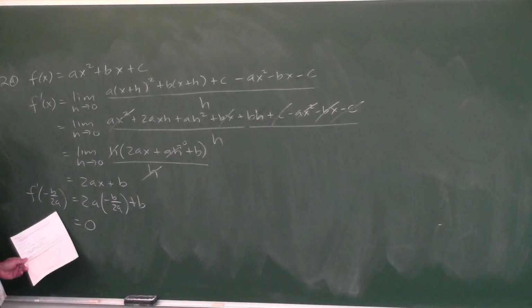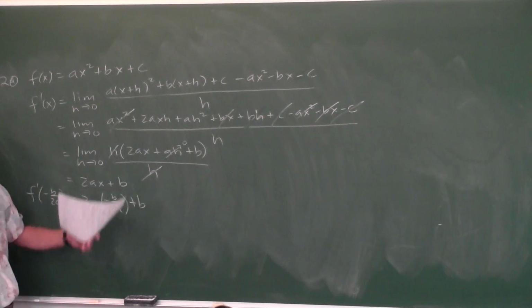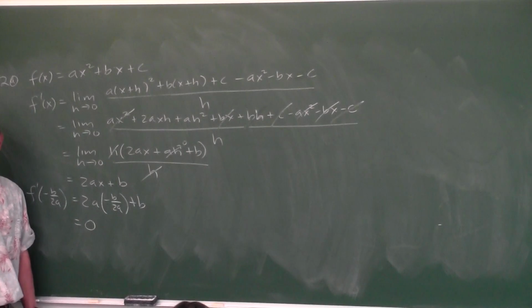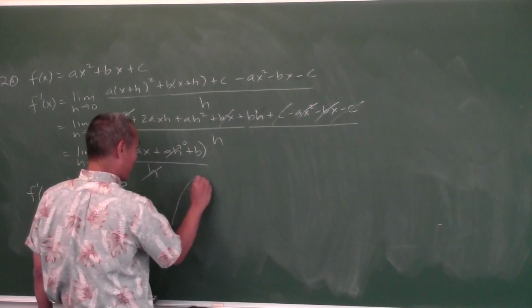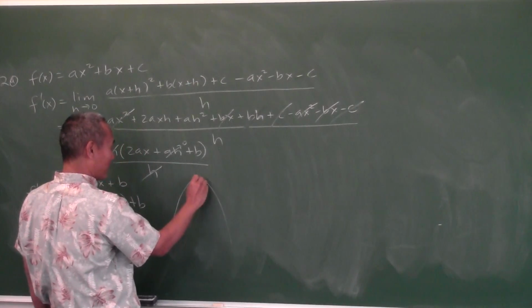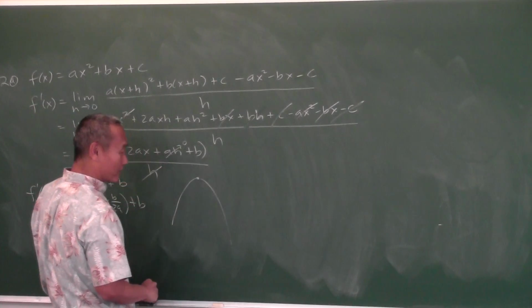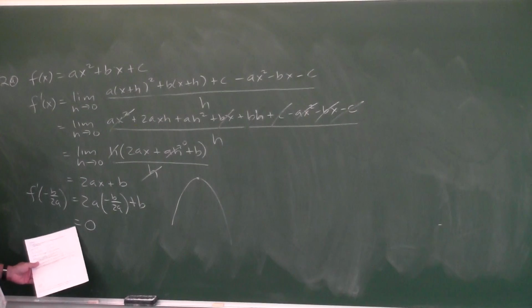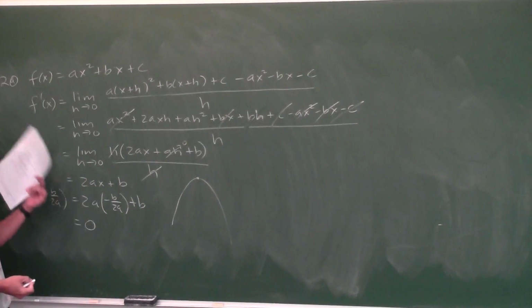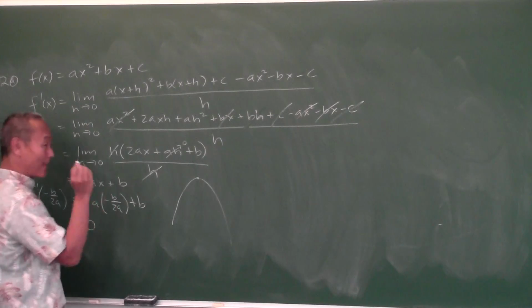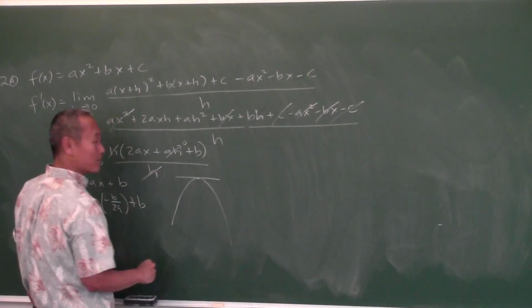What's the meaning of negative b over 2a in terms of a parabola? That's the x coordinate of the vertex, remember? So what does the derivative tell you? The slope. So that means in any parabola at the vertex, the slope will be 0.